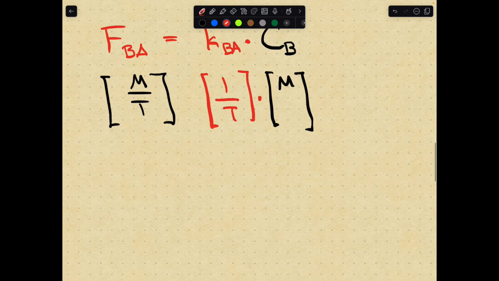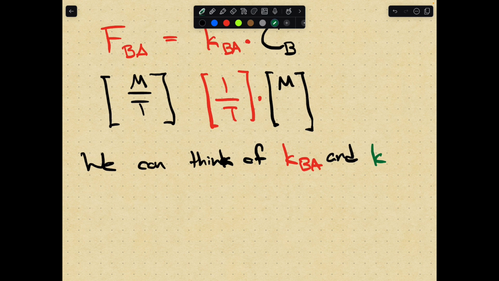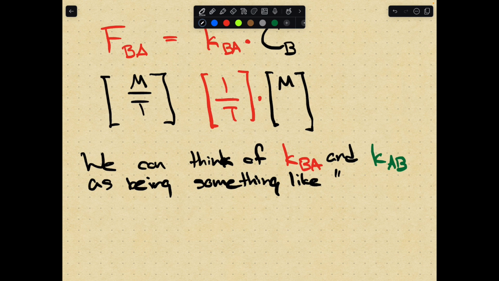And so we can think of K_BA and K_AB as being something like turnover times, right, or the inverse of turnover times of our system.